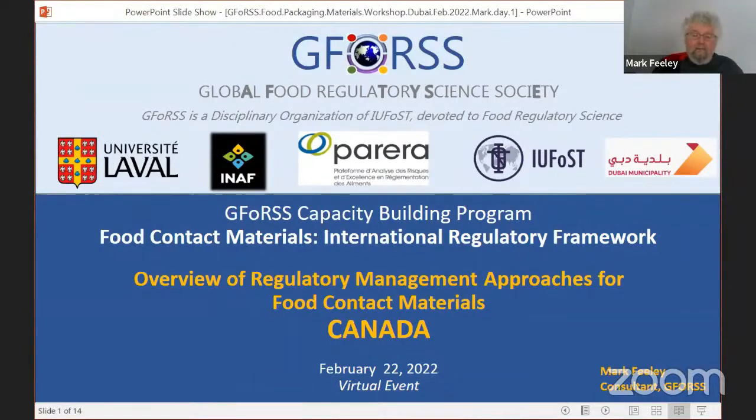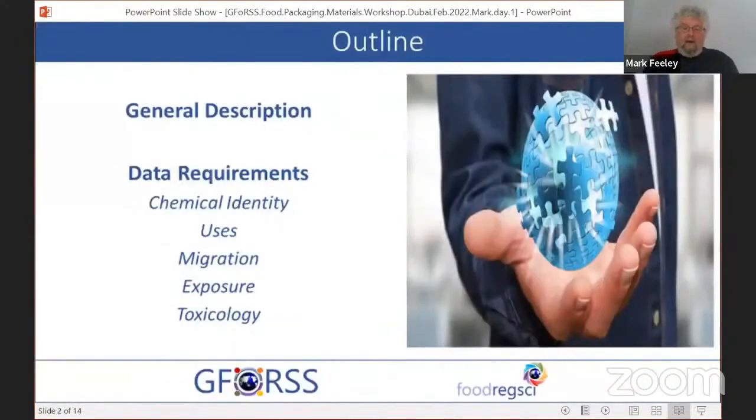Because of this hybrid approach, it's not totally aligned with FDA, even though we share quite a bit of commerce between the two.